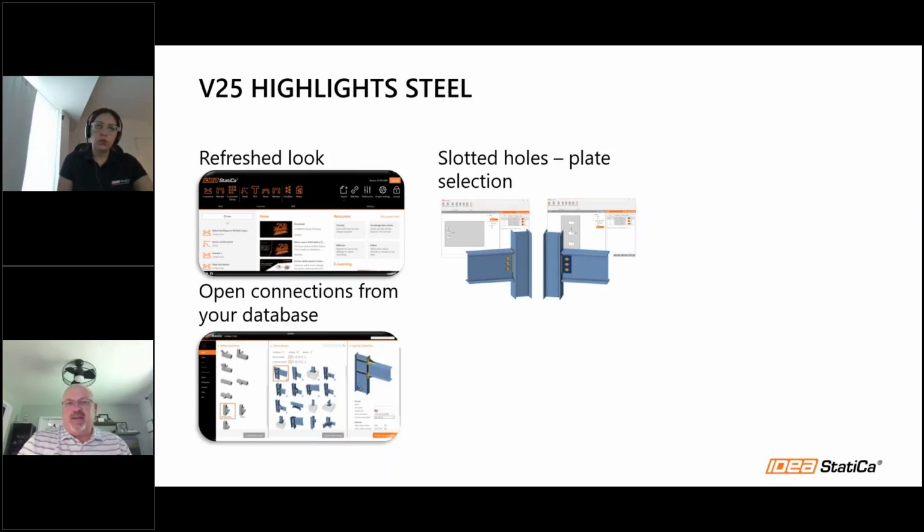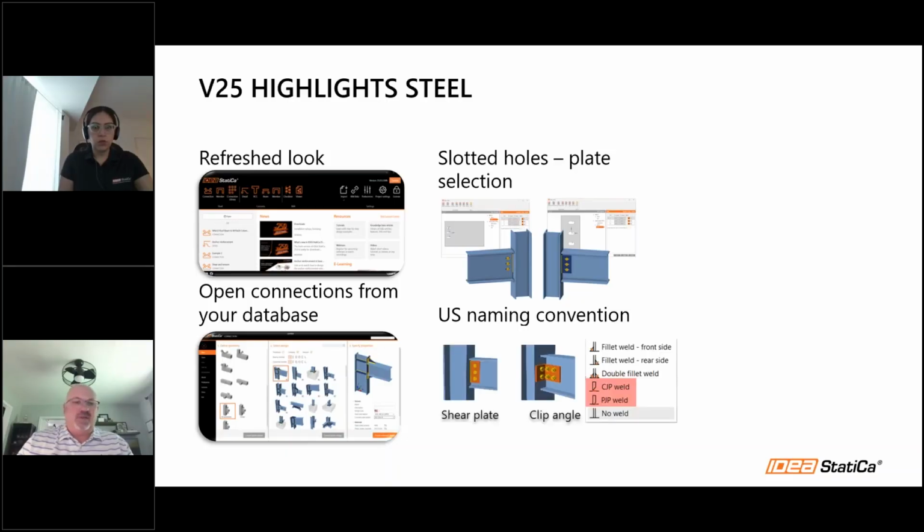The next highlight is slotted holes. I know this was something we've had a lot of questions about, as far as how to put slots in specific elements of the connection. Now you're able to choose whether you put the slots in the beam web, the plates, the flanges, wherever you need to put slots, you can put those in.